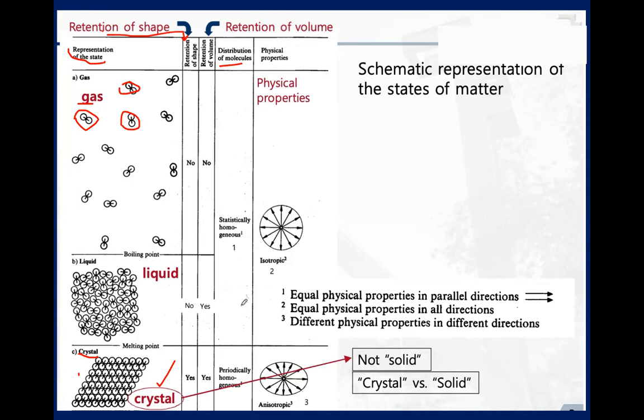So 78 percent nitrogen is there. It doesn't change from Japan or from US or Sri Lanka. When you measure, there is almost no change. So you can say it is statistically homogeneous.